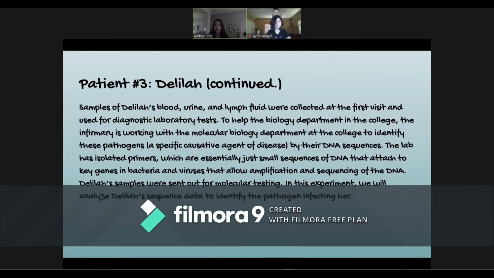So they had to look at her DNA sequences. The lab isolated some primers, and we'll talk about the process of actually DNA sequencing. Then they attached them to the genes in bacteria and viruses and amplified that sequence of DNA. Then they sent out Delilah's samples, and they compared the two.